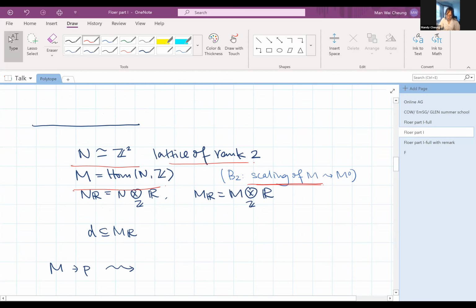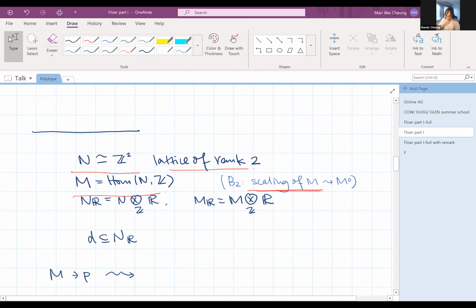But for simplicity, let's skip the definition. And then we have N_R is N tensor R, and M_R is M tensor R.